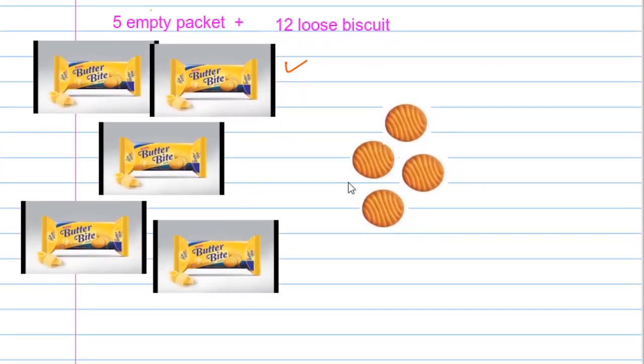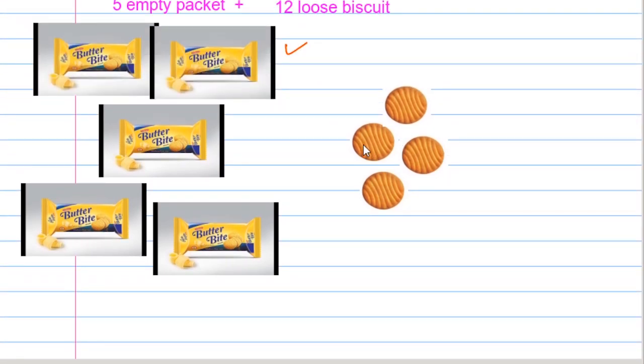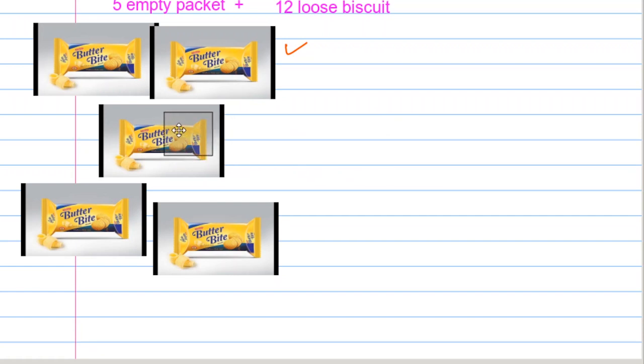In the next packet we are going to add these 4 biscuits. Now 1, 2, 3 and 4. Okay, so we have done the packing of the loose biscuits in 3 empty packets, right? In 3 empty packets, 1, 2 and 3. These 3 packets are packed with four loose biscuits in each packet.